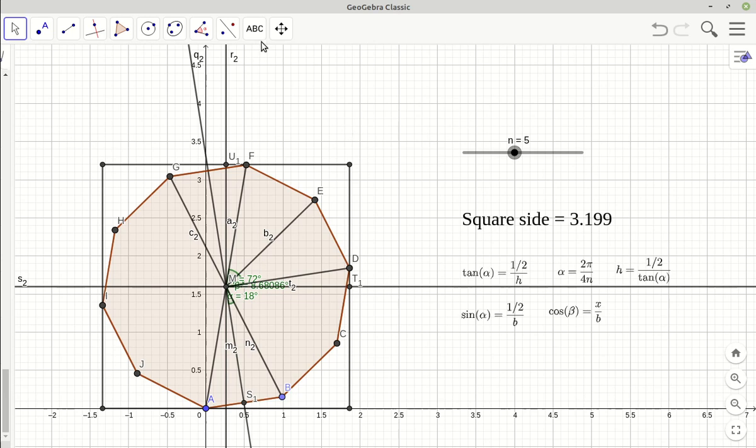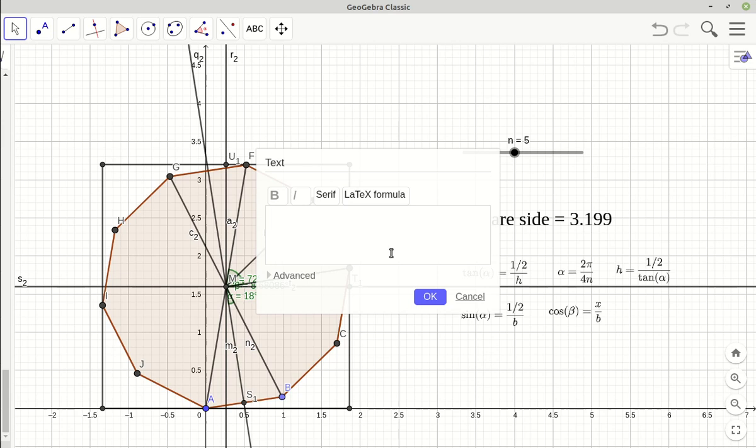Okay, so let's write this all down. So we have, well, okay, let me write it this way, that 2 times beta is equal to 90 degrees minus n minus 1 over 2 times this top angle of the isosceles triangle, which is again the result of division of the full turn by 2n.